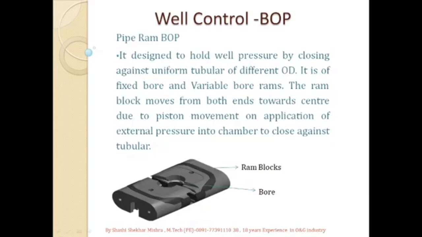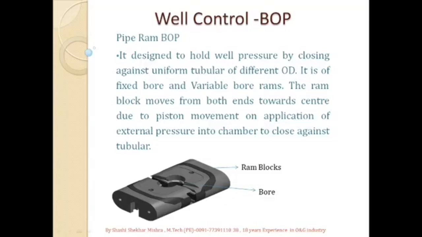Ram preventers are designed to seal the annulus by forcing two front packing elements to make contact with each other and seal around the object in the well. Fixed type preventer is designed for one bore size. If the ram is of 3.5 inch bore, then it can seal a 3.5 inch OD round object.